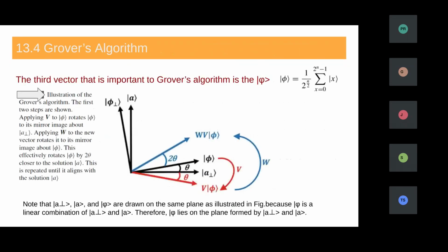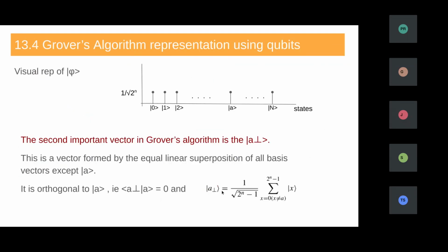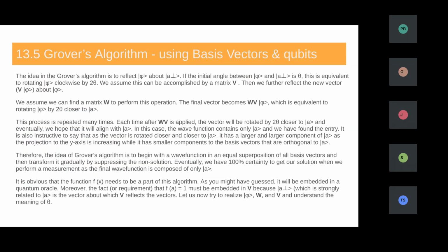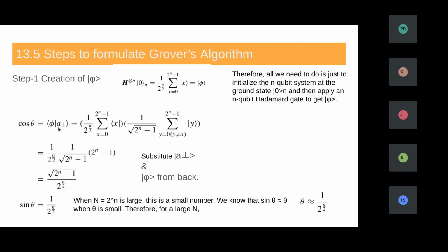So you look back, phi we have described here and A perpendicular we have described here. So this is in terms of x, A perpendicular, and this is phi in terms of the linear combination. So what we are going to do now is get the cos component of this, which is nothing but the combination, that is, the bra phi and ket of the A perpendicular.